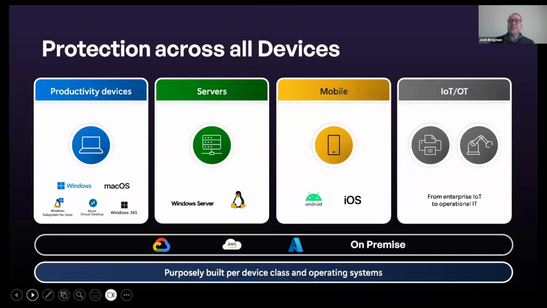We continue to make significant investments in server protection, including an eBPF technology that helps ensure the performance and reliability of our Linux offering, and an automatic attack disruption that has secured hundreds of servers against ransomware in the last few months. All of these endpoints need to be incorporated into a holistic endpoint security strategy.